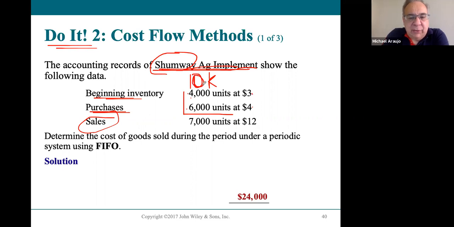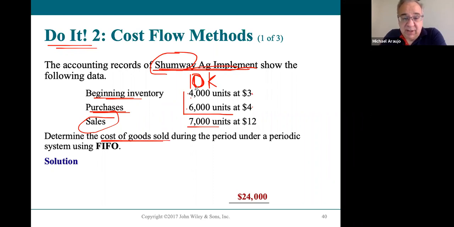Of the 10,000 units, they sold 7,000 of them, leaving them with 3,000 in ending inventory. So the question now becomes, what's the question about? They want cost of goods sold, because the question could be two things. They could ask you about the cost of goods sold, or they could ask you about the value of the ending inventory.